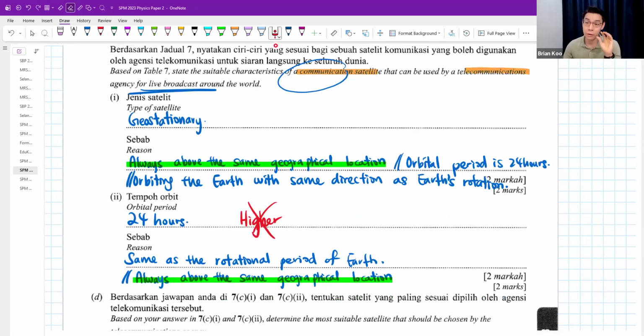Because for it to be geostationary, it must exactly be 24. Can it be 23 hours? Can it be 26 hours? Cannot. It must be exactly that value. So here's the thing. If you don't write the number, it changes the meaning. Sometimes certain things, it has to be exactly at that number. Then only it will work. Right? If it's a bit higher or lower, cannot.